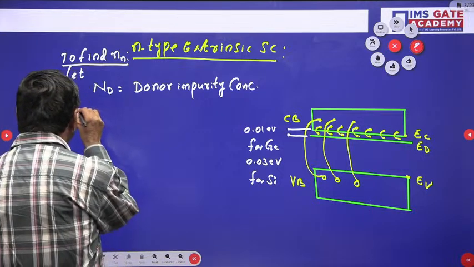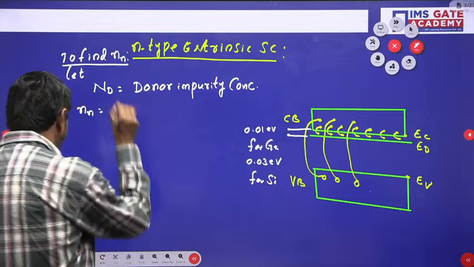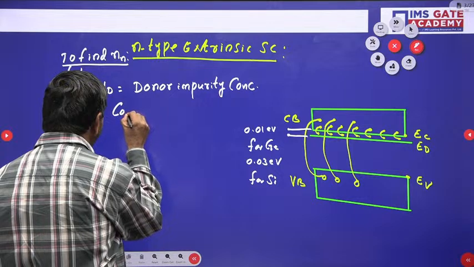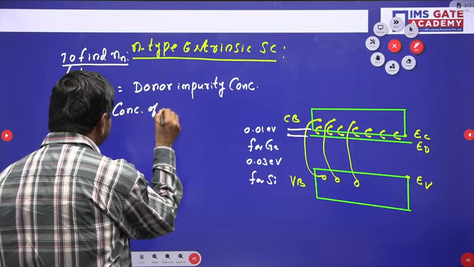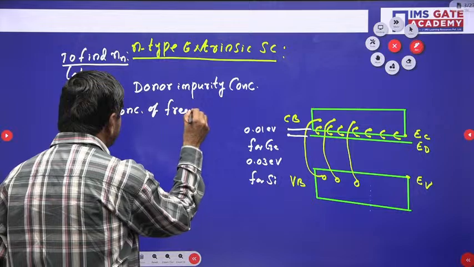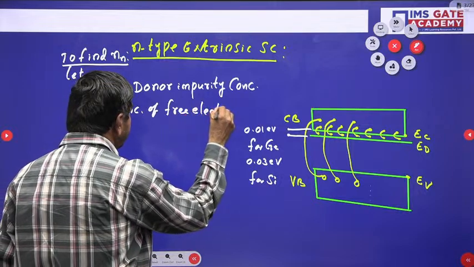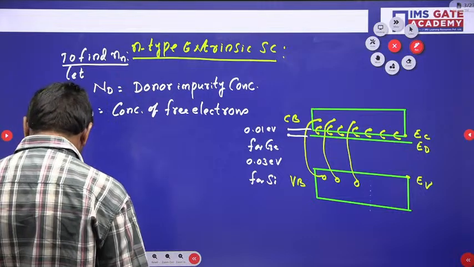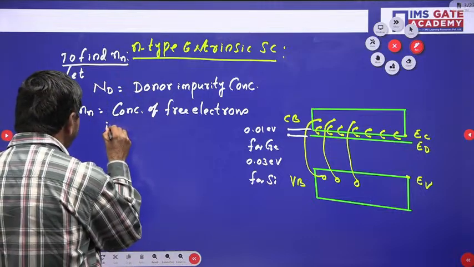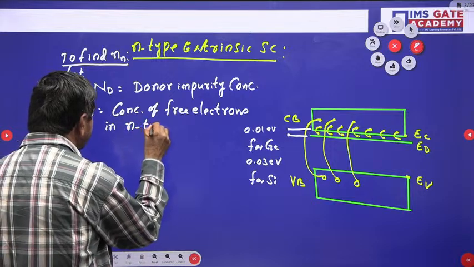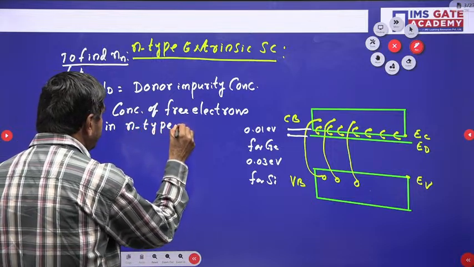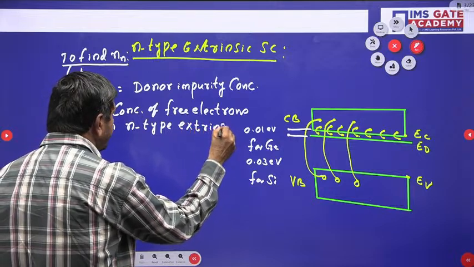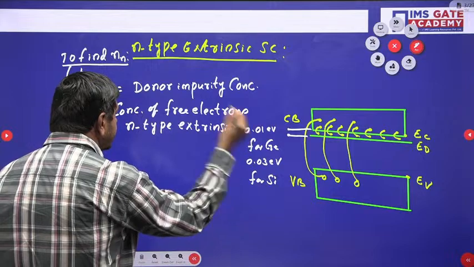And Nn, n suffix n, is nothing but the concentration of free electrons in the n-type extrinsic semiconductor.